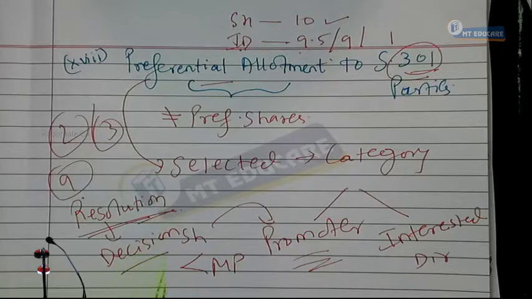Preferential allotments are generally made at lesser than market price, by obtaining special approval from shareholders. Have you understood this point?